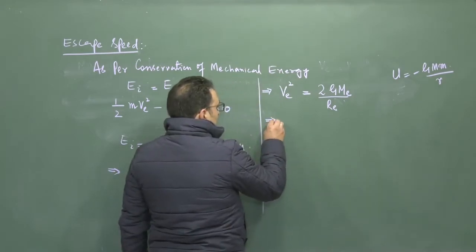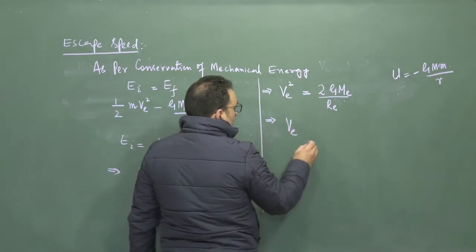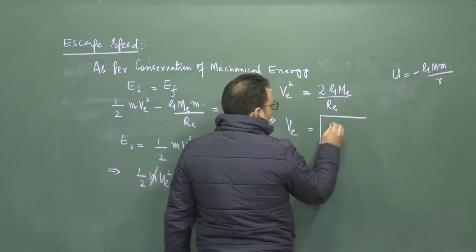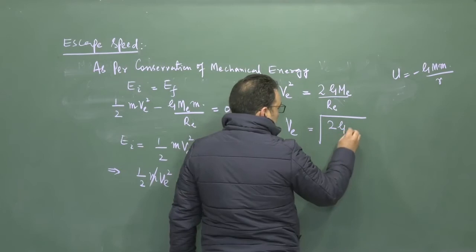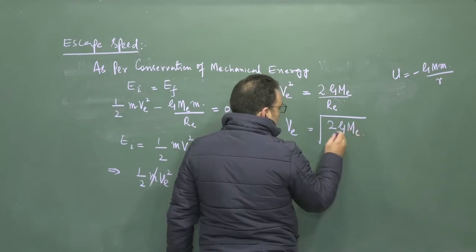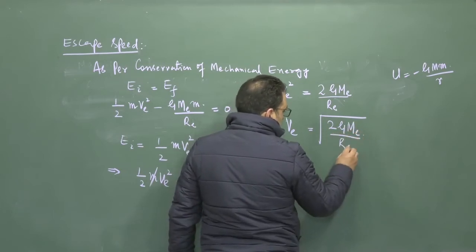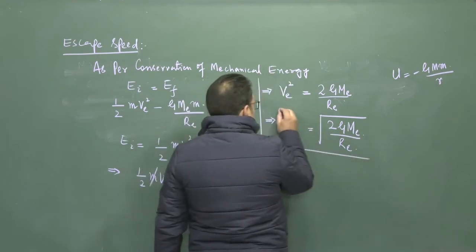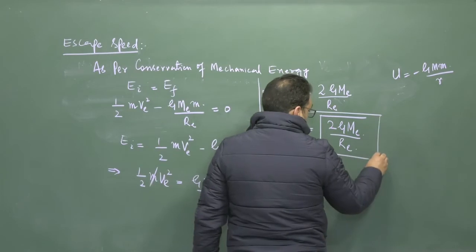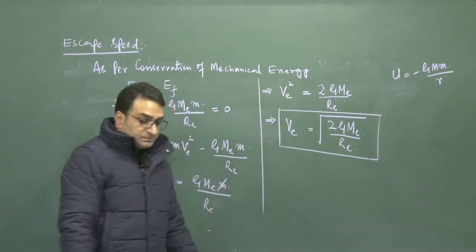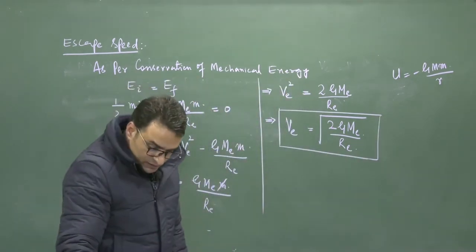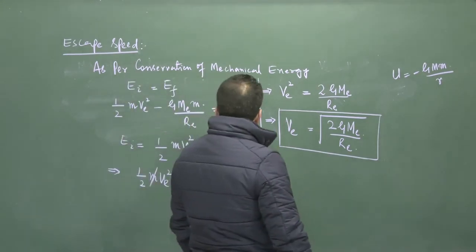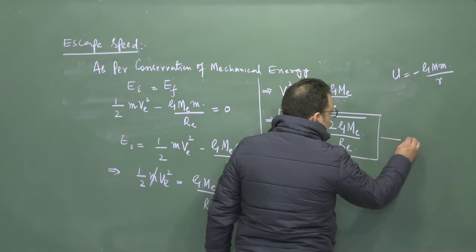And we are left with v_e equals under root of twice G M_E by R_E. This is the required expression for the escape speed. Mark this as equation 1.